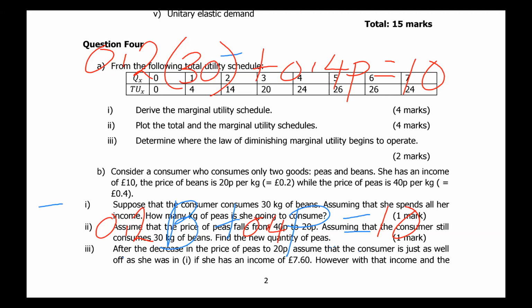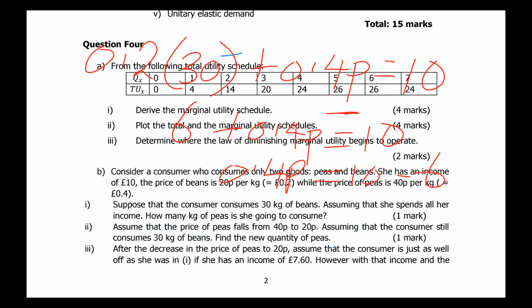This person has spent their income, so they have to spend it within these two goods, right? Within the peas and beans. So it means you are making P the subject of the formula. What is 0.2 times 30? It is 6. 6 plus 0.4P is equal to 10. 0.4P is equal to 10 minus 6, right?